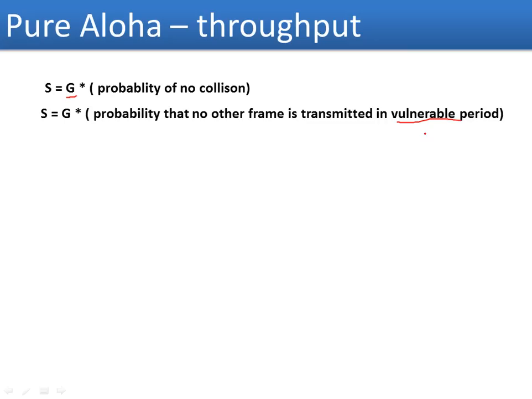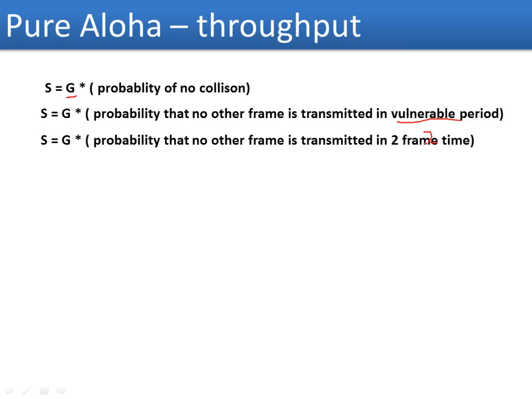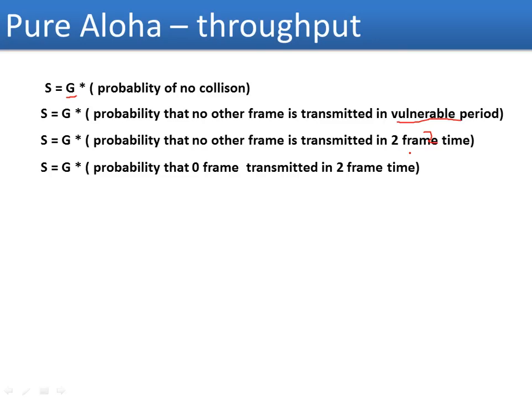The vulnerable period, we know, is 2 frame times. So we can write the probability that no other frame is transmitted in 2 frame times, and again we can write the probability that 0 frames are transmitted in 2 frame times. In the previous slide we have seen the formula to calculate probability. That formula we will use to find the probability of transmitting 0 frames in 2 frame times. So this is the formula.